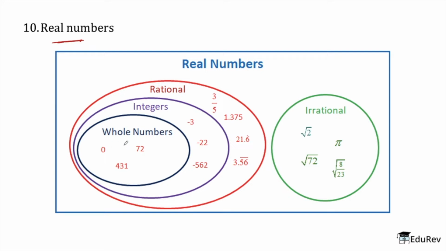Whole numbers plus negative numbers give you integers. All the integers plus all the decimal values give you rational numbers. And all the non-repeating and non-terminating numbers, the irrational numbers, form a separate piece. Combining rational and irrational numbers, we get real numbers.